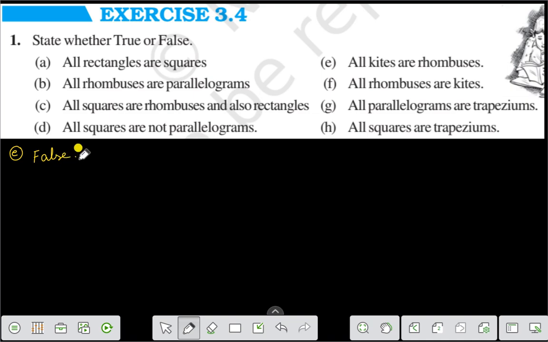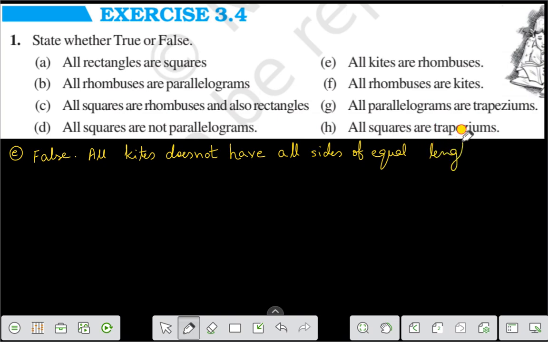All kites are rhombuses is false because a kite does not have all sides of equal length.